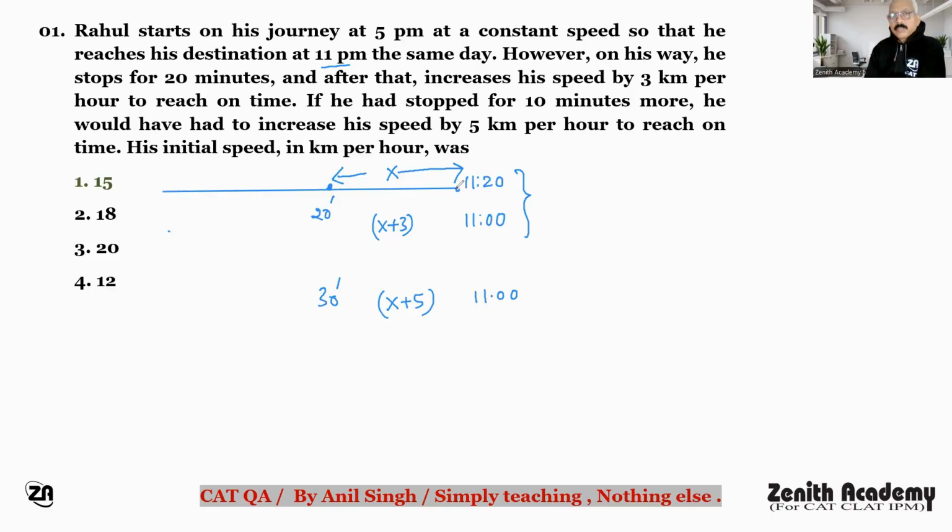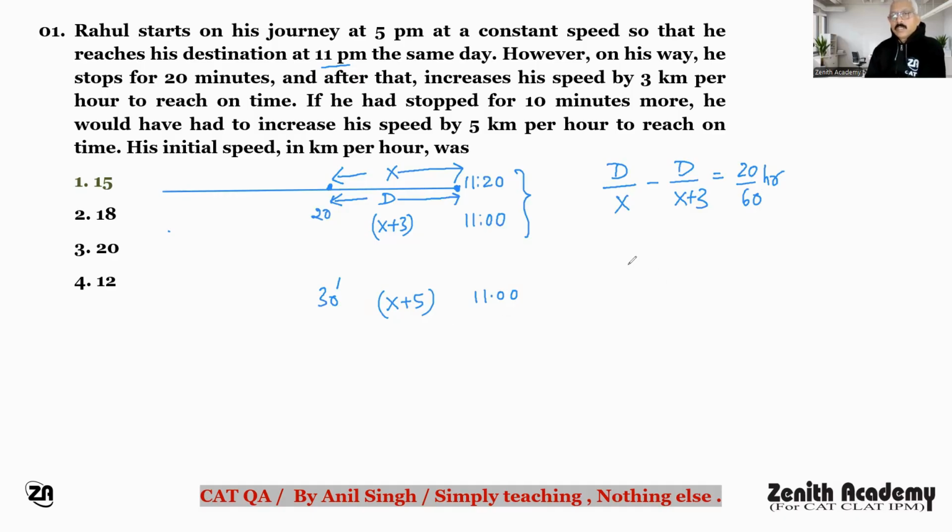So for this question, here distance is this. This is the distance he traveled with increased speed. So suppose this distance is d, then speed is equal to distance upon time, so time is distance upon speed. Distance upon initial speed x, minus distance upon x plus 3, is equal to 20 minutes, divided by 60 to convert into hours.